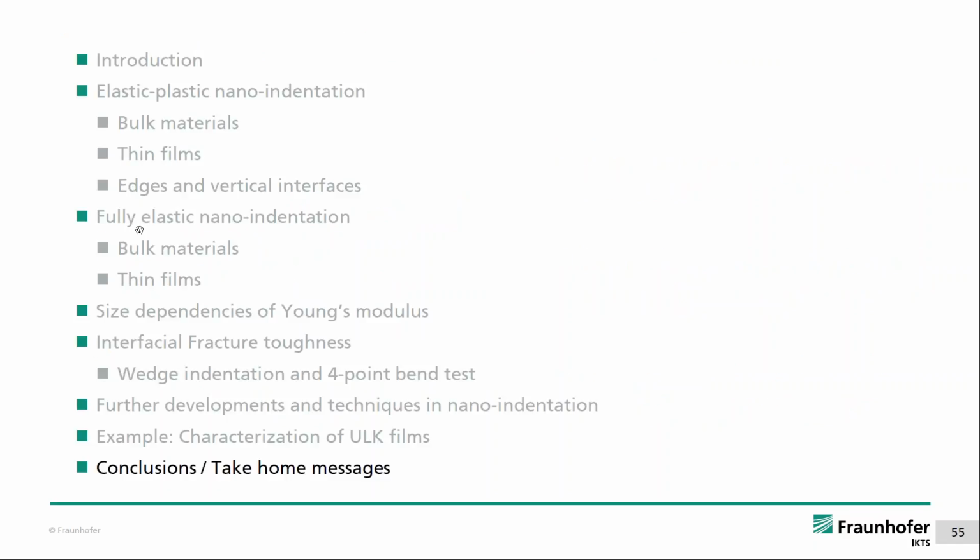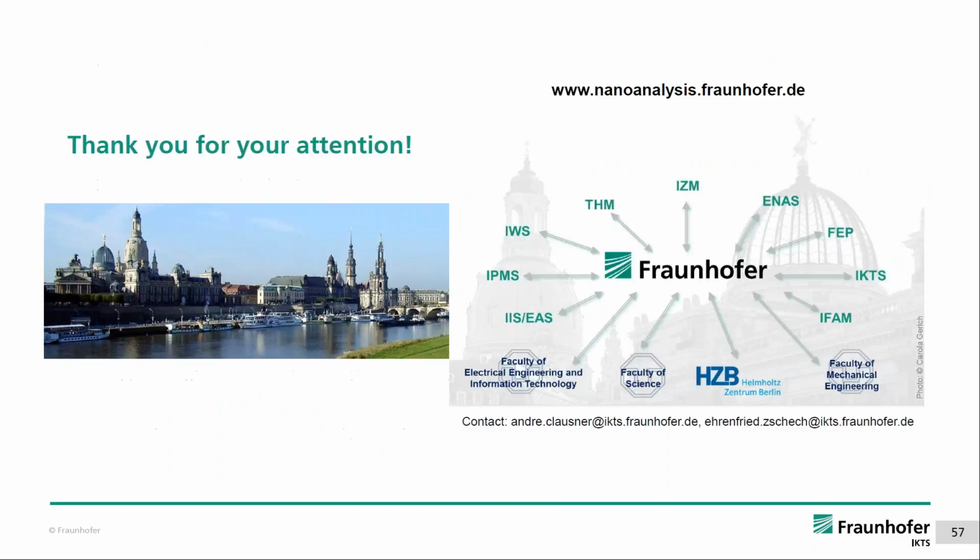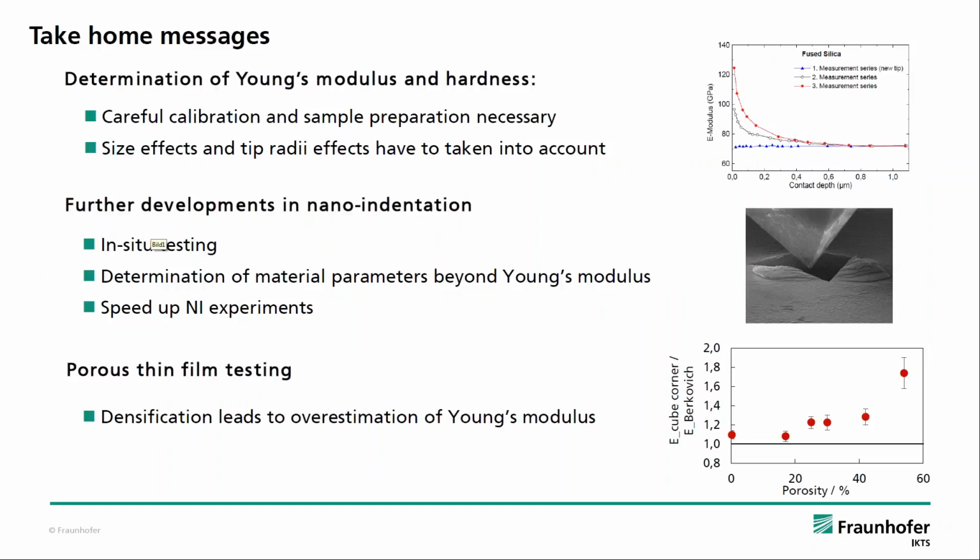Okay, that's it. I will give you a few take-home messages. If you don't get the whole thing, maybe you remember these 3 points. So for the determination of Young's modulus and hardness, careful calibration and sample preparation is really necessary. And you have to take care of size effects and tip radius effects.